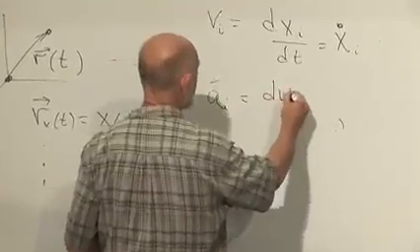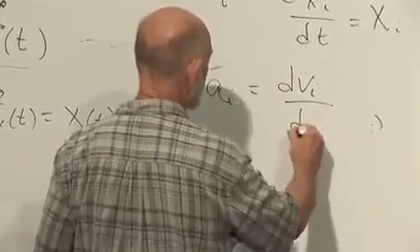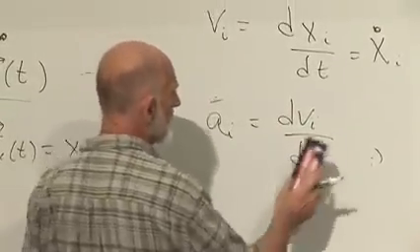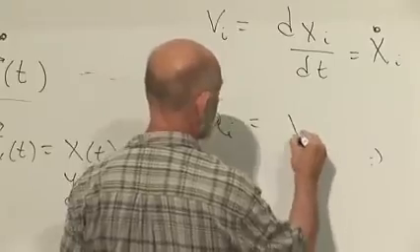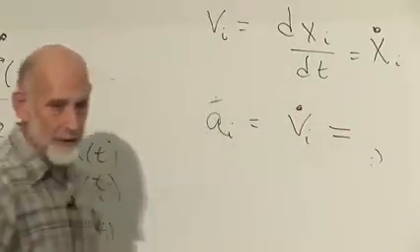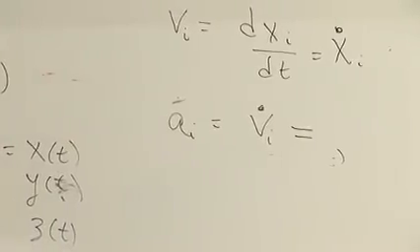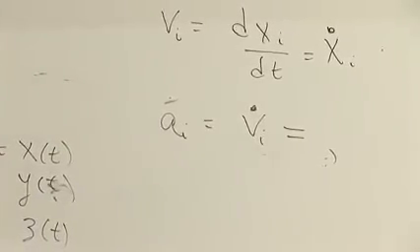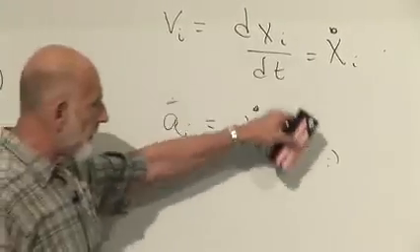All right, so the components of acceleration are the derivatives of the velocity with respect to time, or we could write it as v dot i. But that makes it the second derivative with respect to time of the position.